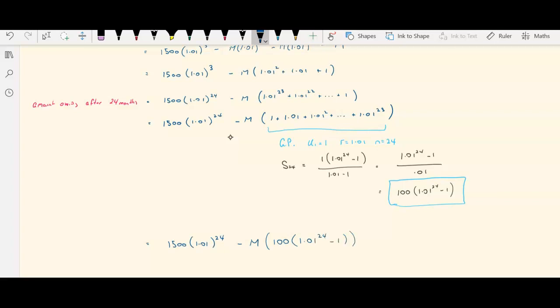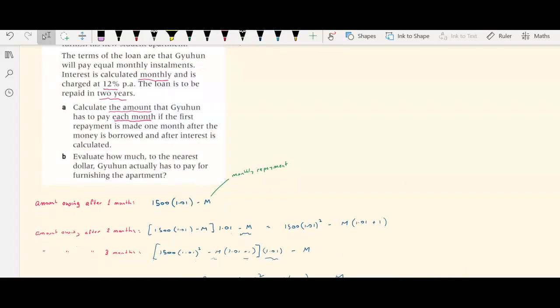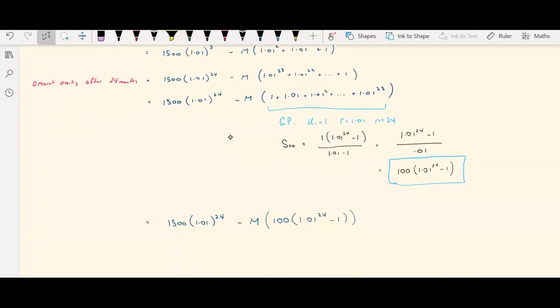Close, close. Okay, so that's all very good, but what's that going to be equal to? So now we need to just understand what the question's asking, really, and that is the amount that Gi-hun has to pay each month. The first repayment, the loan is to be, this is the crucial bit here, the loan is to be repaid in 2 years. So this repayment amount, the amount owing after 24 months, this has to equal 0.